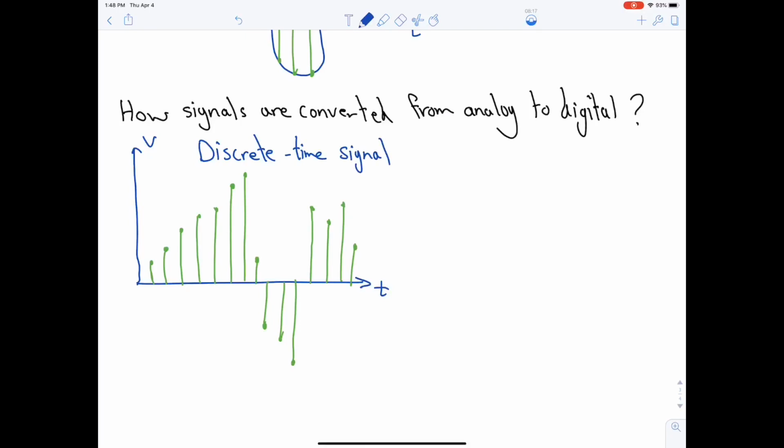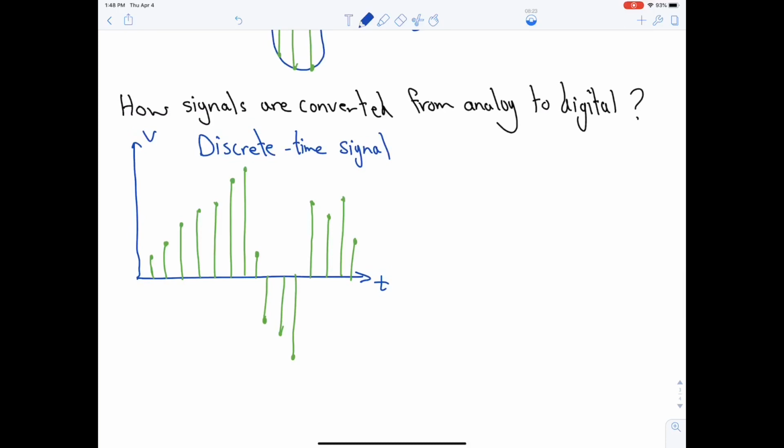Okay, how does it become digital? Now if we represent the magnitude of each signal sample by a number having a finite number of digits, then it's no longer continuous. It becomes a digitized signal. What does that mean?